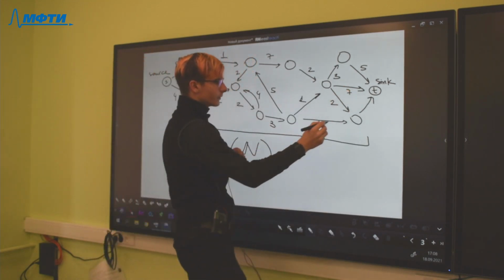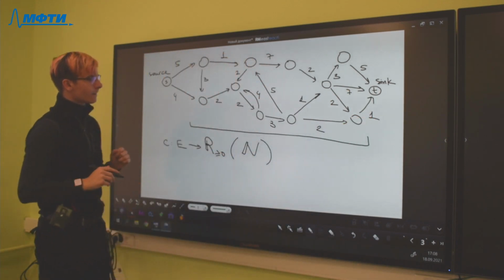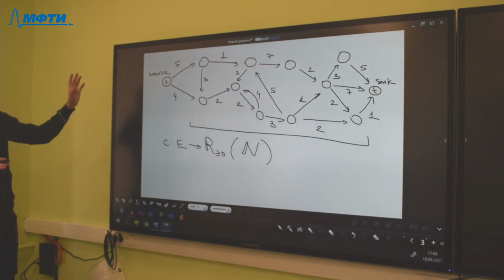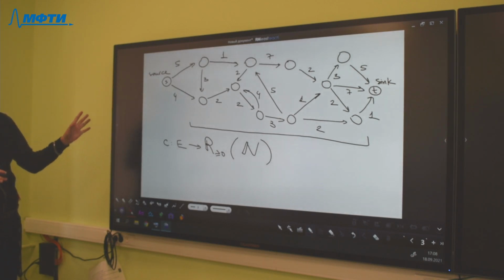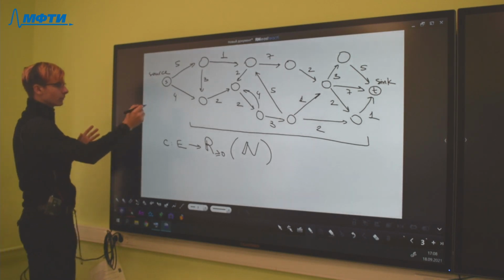Okay, and this graph can be named a flow network.